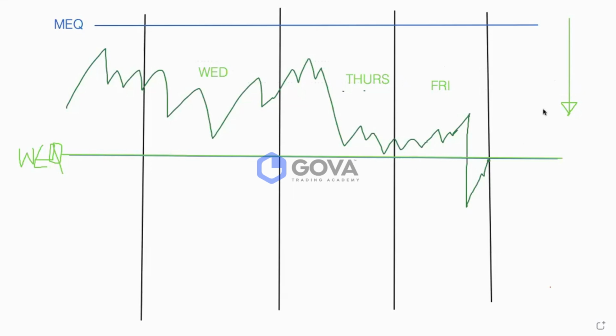And let's assume this area is Monday. So on Friday, a few hours before markets close, you need to do analysis. You understand? Few hours before markets close.